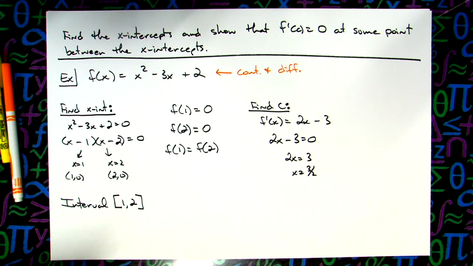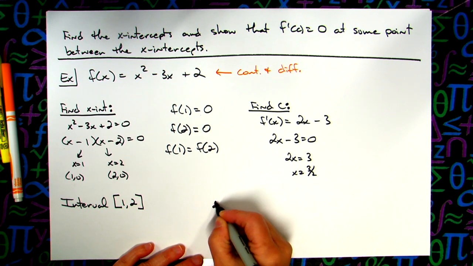This really isn't any type of theorem or anything like that. You could write a therefore statement, but we really don't need to. It says show that at some point in between that. Now let's write a therefore statement.